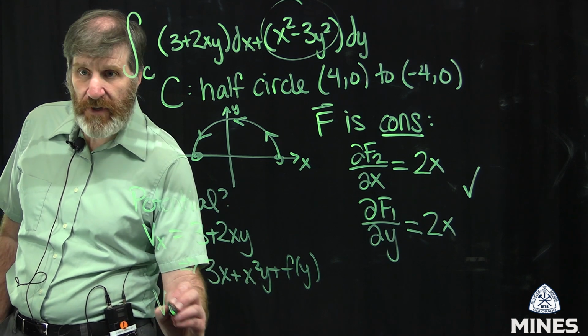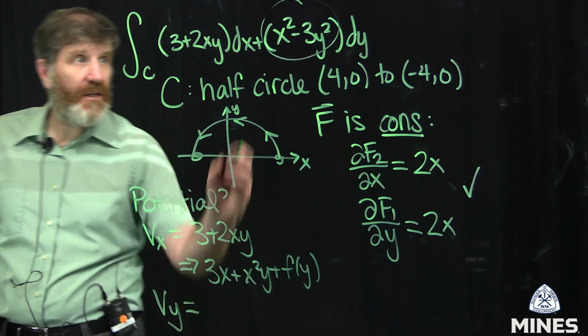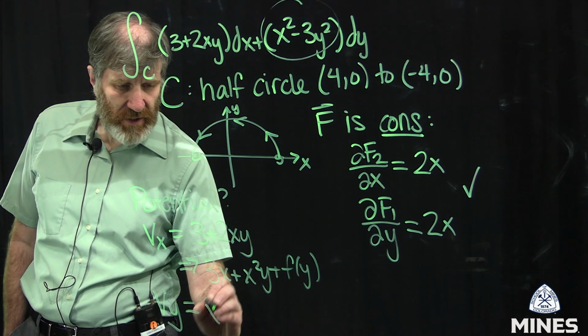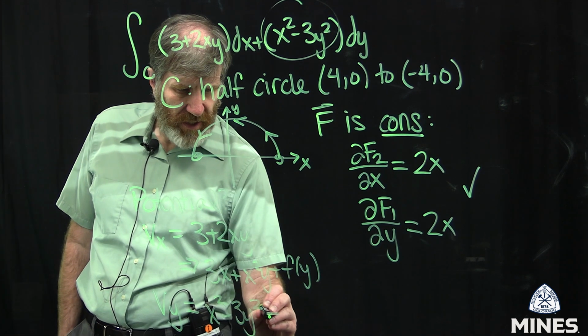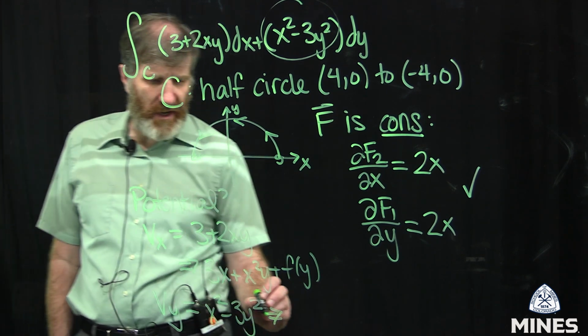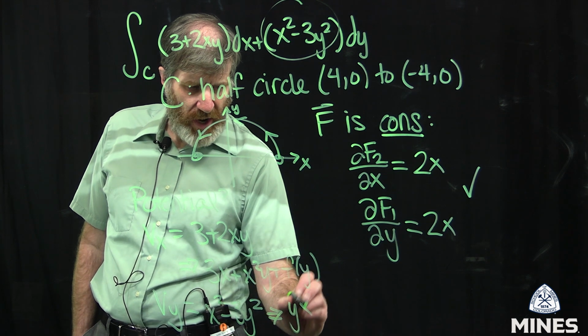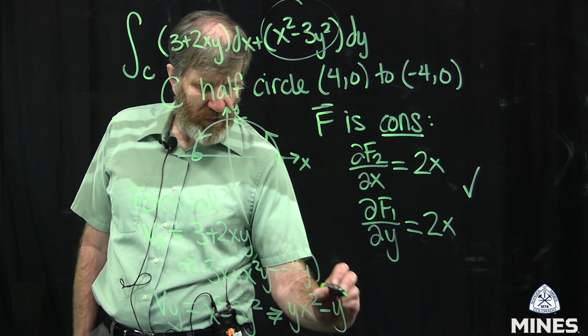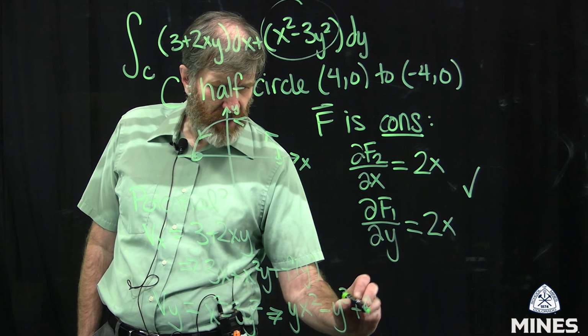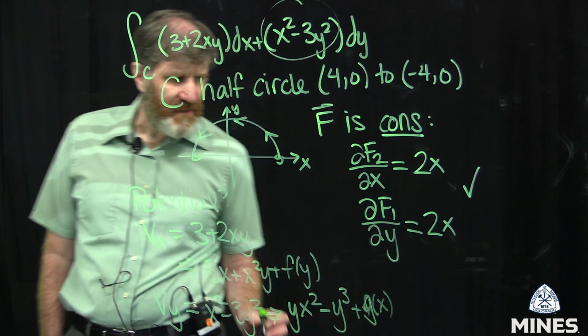And we have v sub y is x squared minus 3y squared. And an antiderivative in y is going to look like yx squared minus y cubed plus some function of x.